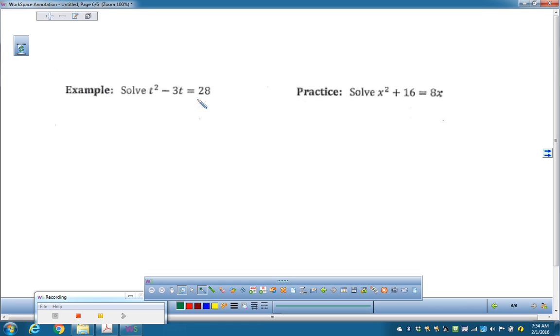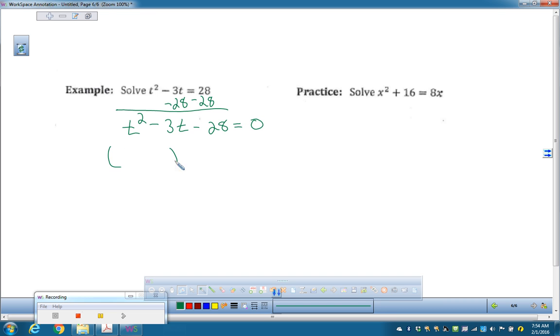So how would I get the right side equal to 0 over here? Negative 28. You have to subtract 28 first. Okay, so you got to get that 28 onto the other side. So now I have t squared minus 3t minus 28 equals 0, and then I factor that. Who can factor that without even using the cross or box? What does that factor to?